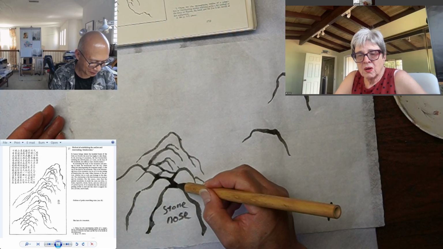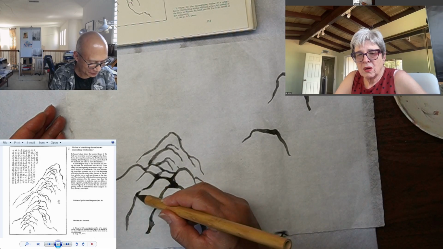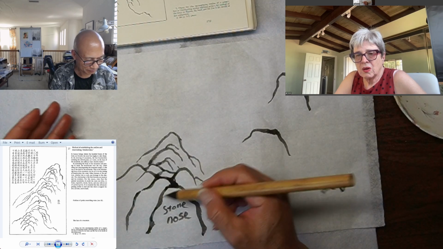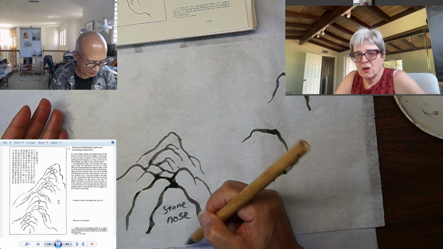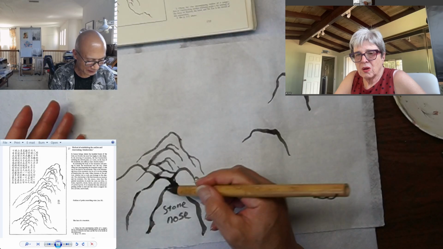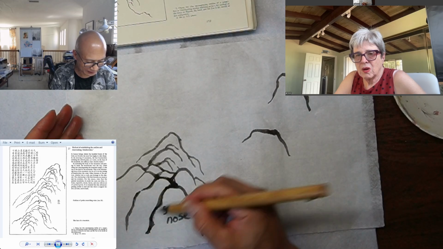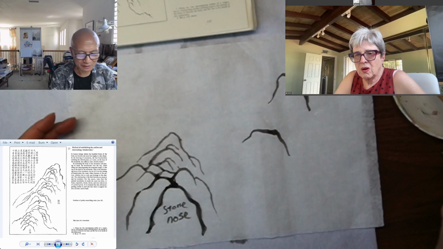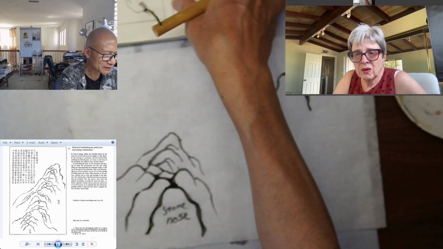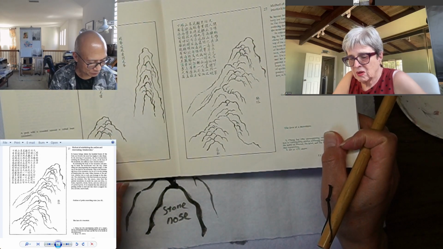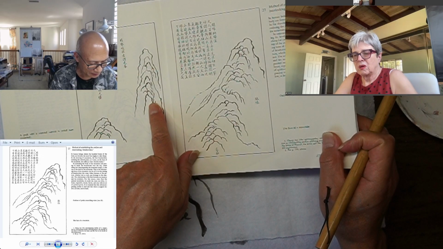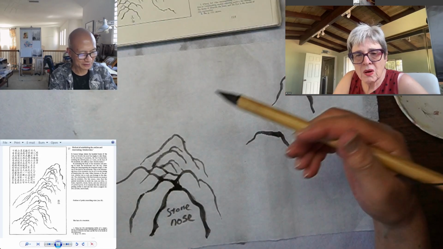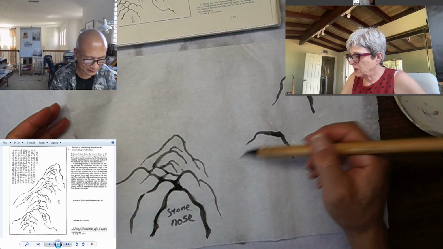So on the left and the right, you see only part of the rock. But this rock usually has two sides: the left side and the right side, right? You can look at the previous page. These two mountains also have this piece, and this is the foundation to develop a mountain.